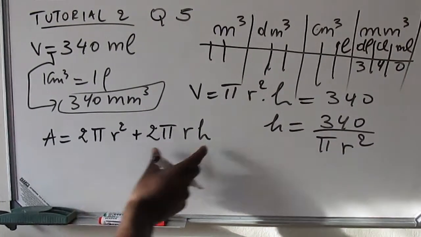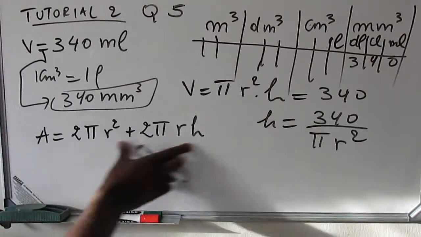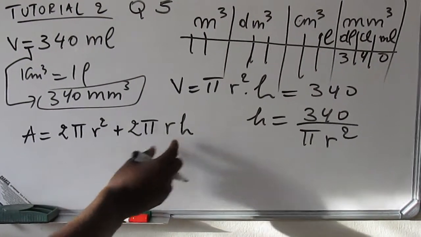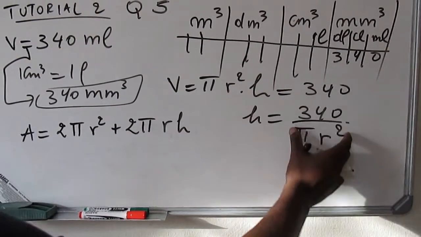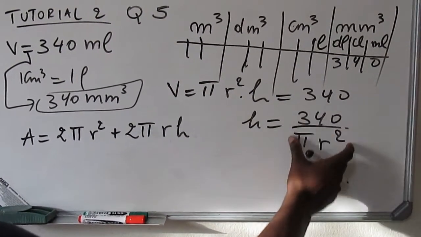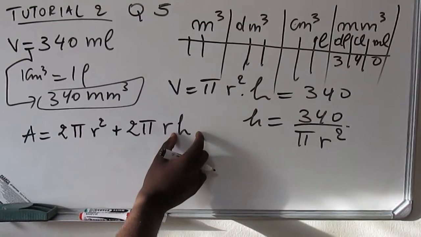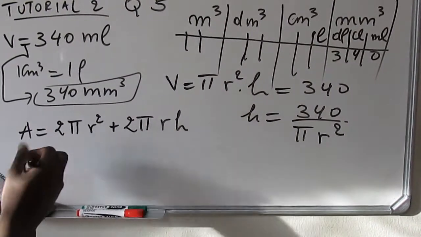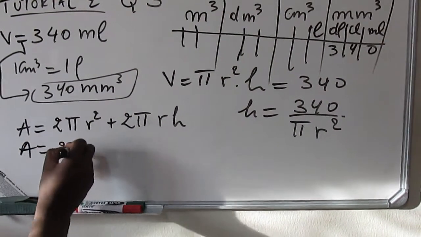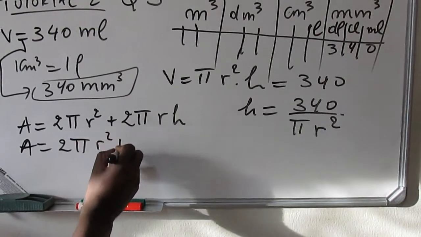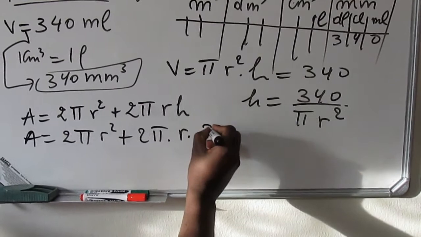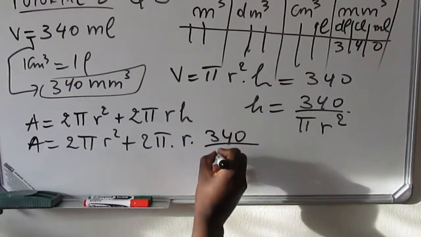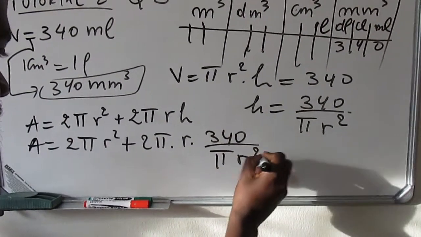So after finding this, we just introduced the formula of the area. We already know our height, so you're going to replace this value wherever there is height. So our area changes to 2 pi r squared plus 2 pi r multiplied by 340 over pi r squared.